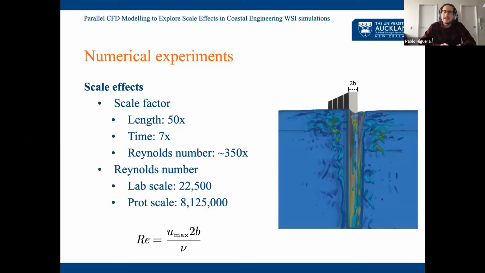And that makes the mildly turbulent or even laminar lab scale case with 22,000 Reynolds number blow up to 8 million. So the laminar case suddenly becomes a very, very turbulent case.